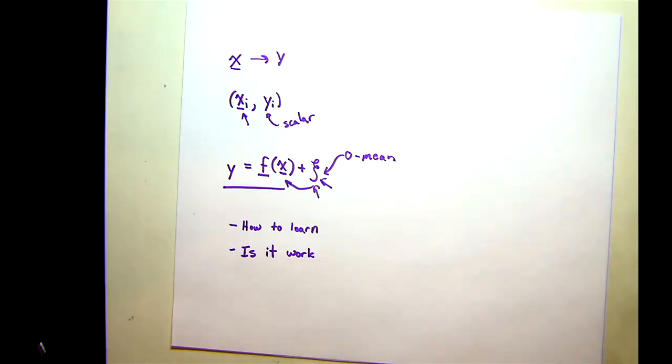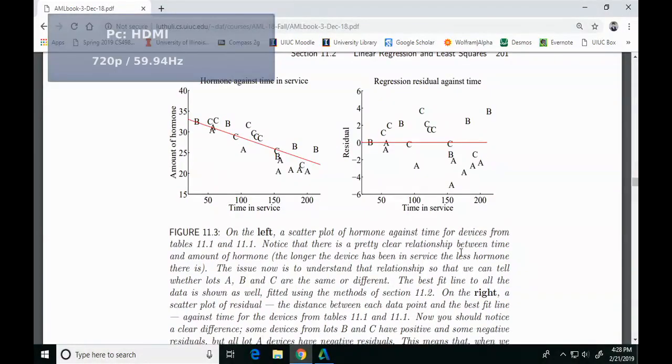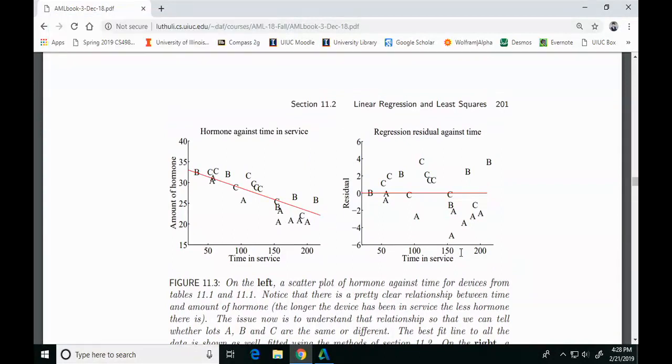There are other uses for regression that you'll sometimes see. Let me bounce back to this and look at one more thing. Sometimes you use regression to do analysis. This particular graph shows 3 batches of a medical device.